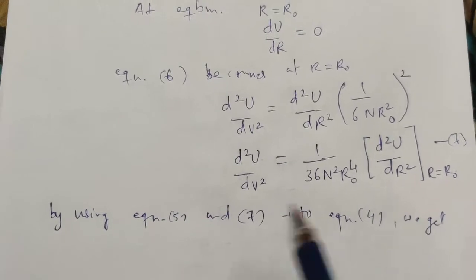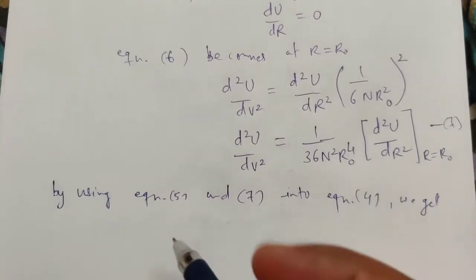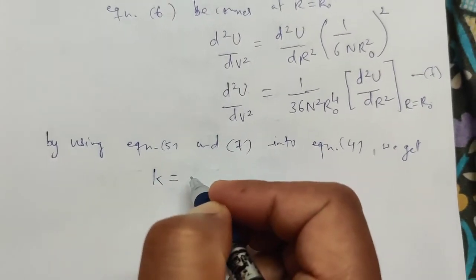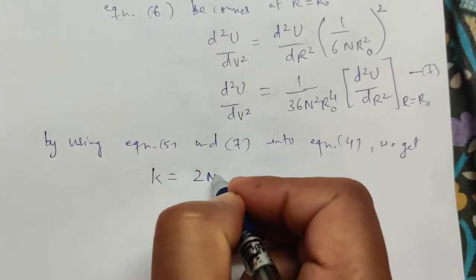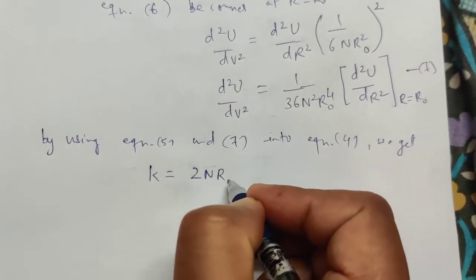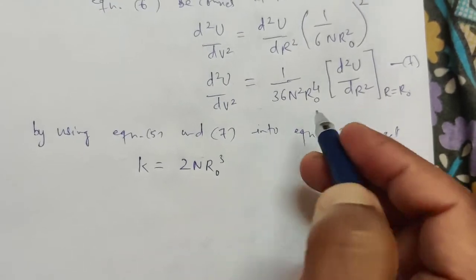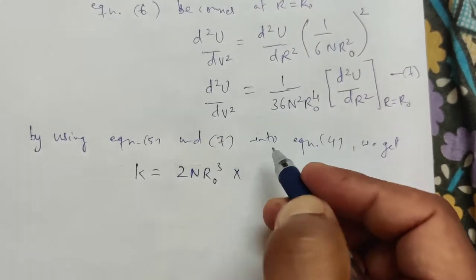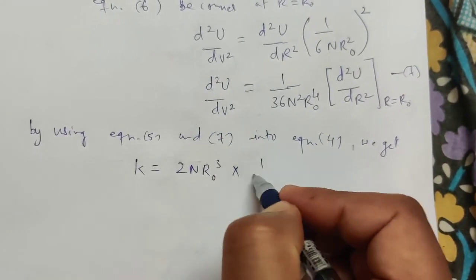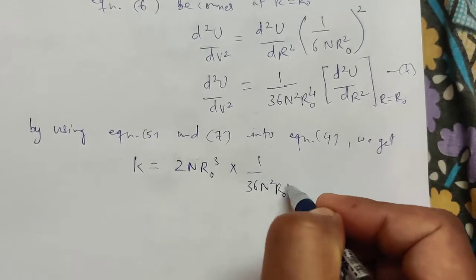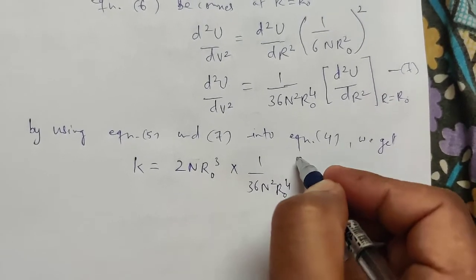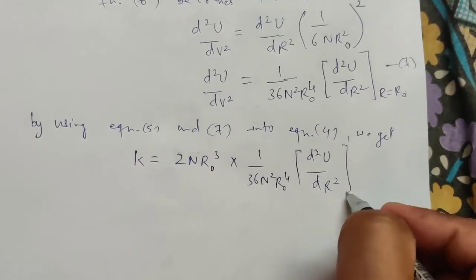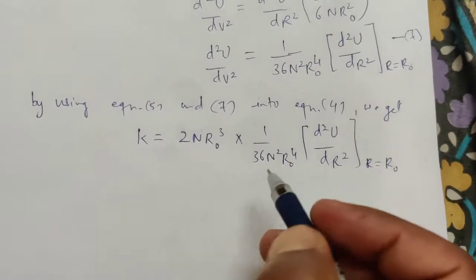Now by using equations 7 and 5 in equation number 4, we will get the bulk modulus equal to the volume, 2n r naught cube, into d square U upon dV square, which is 1 by 36 n square r naught to the 4 into d square U upon dr square at r equal to r naught.